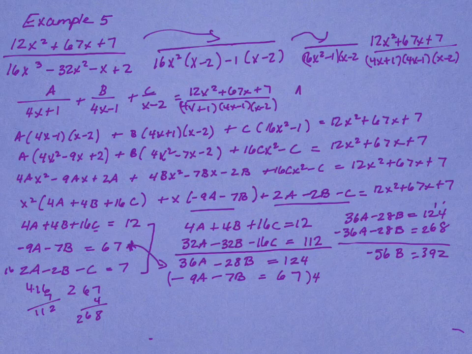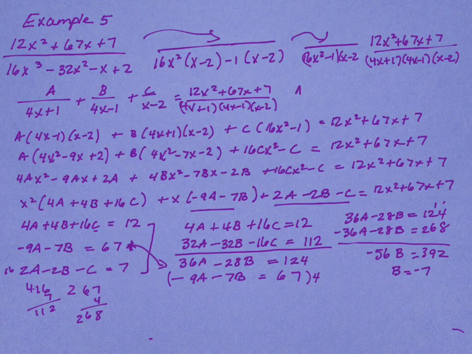How about 7? Because 7 times 6 is 42, so it's 7. So B is negative 7.